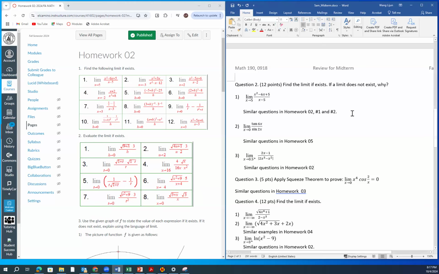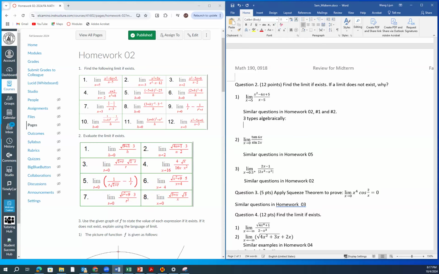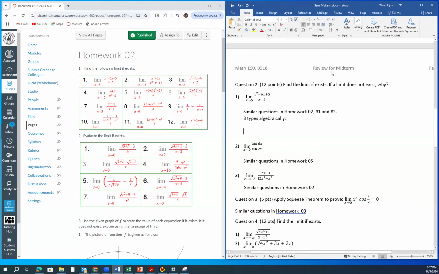There are, in general, 3 types algebraically. Let me think, is it 3 types? If we have more, then we have more types. The first type is the rational function.